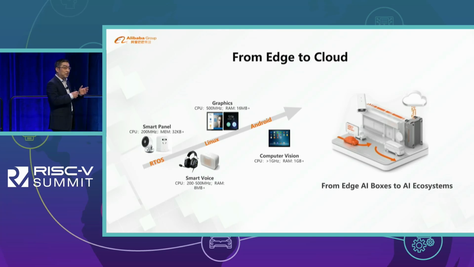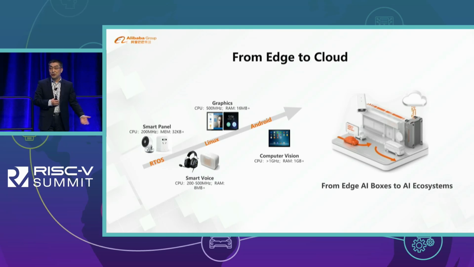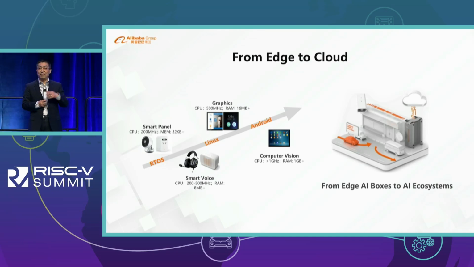Looking at the specific cloud applications, on the left-hand side you can see the applications we have from the edge side. We have smart panels, smart voice, graphics, and up to computer vision. The CPUs we're building range from frequencies like 200 megahertz up to 1 gigahertz or even 2 gigahertz.